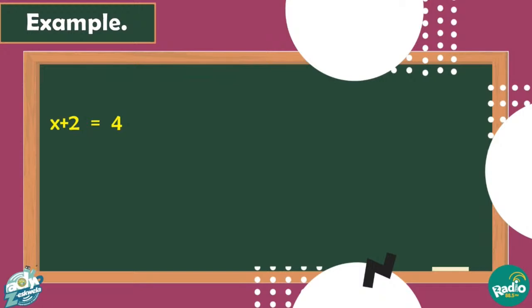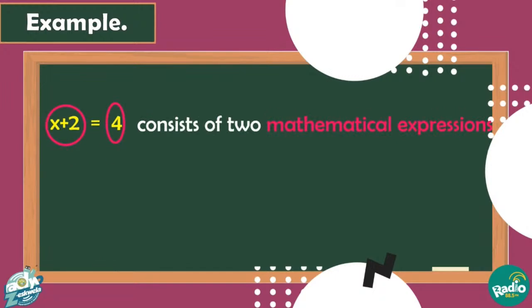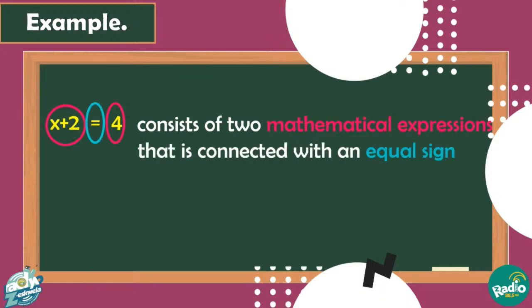To illustrate, let's say x plus 2 is equal to 4. This equation consists of two mathematical expressions, x plus 2 and 4, that are connected with an equal sign between them.